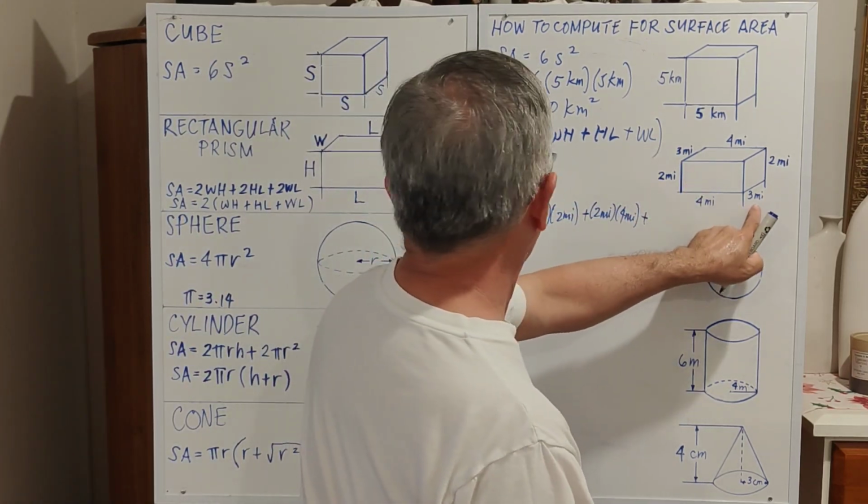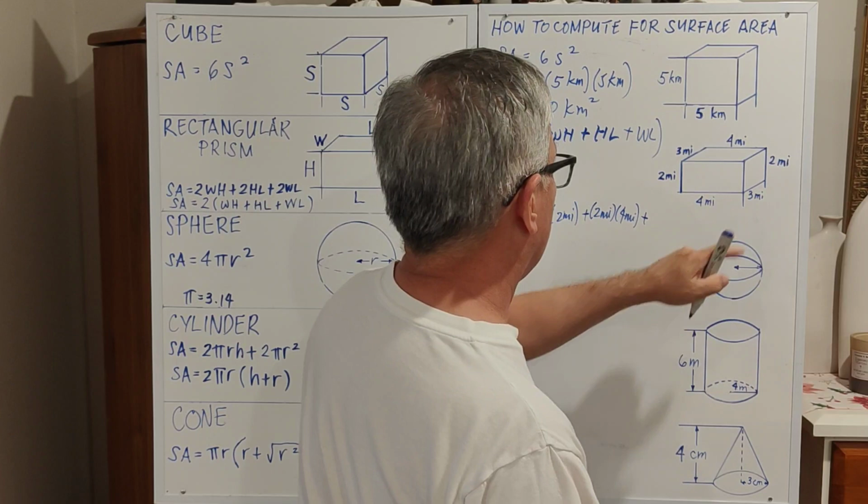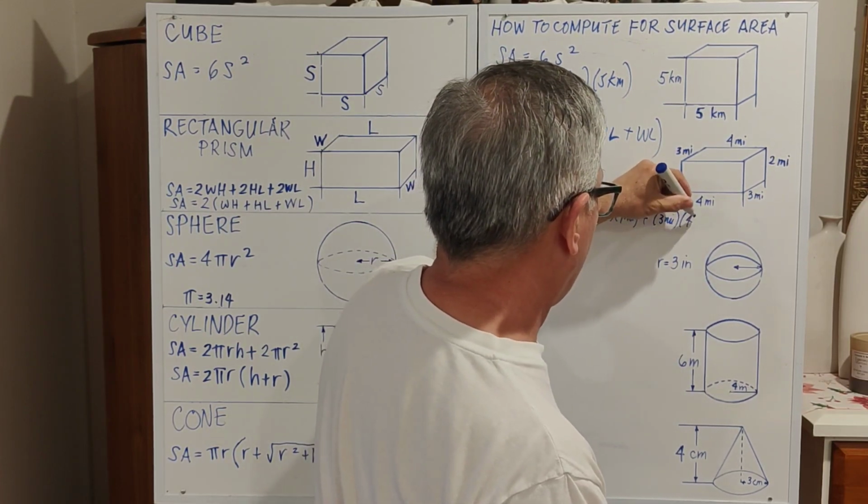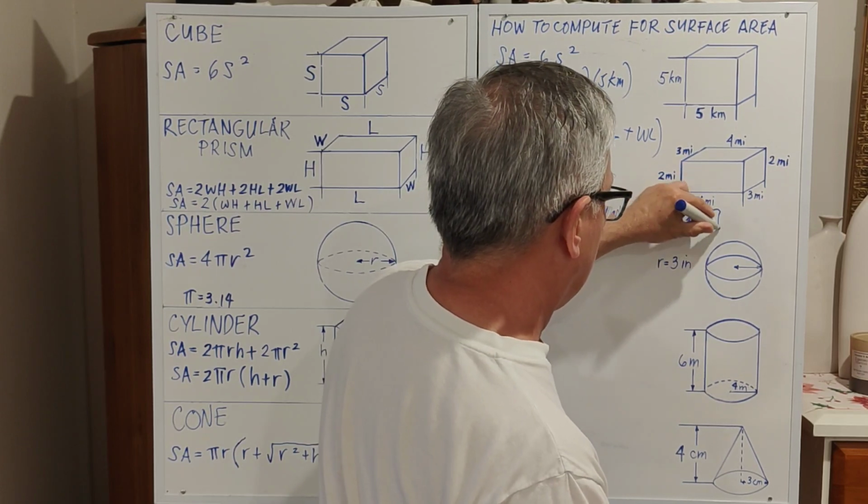W is this one and this one. 3 miles times 4 miles.